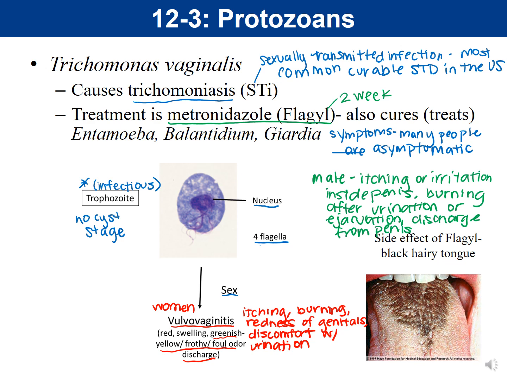Another thing that's interesting about Flagyl is a side effect that can occur, shown in this picture down on the bottom right here. You can get what's called a black hairy tongue. Now, it's not actually hair. The black hair look is a result of a buildup of dead skin cells on the numerous tiny projections, or papillae, on the surface of the tongue that contain the taste buds.